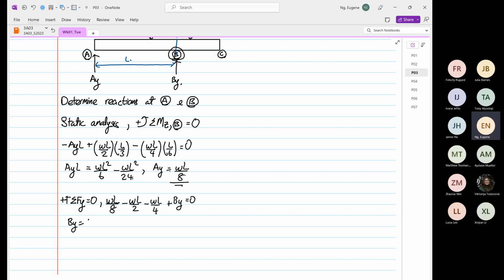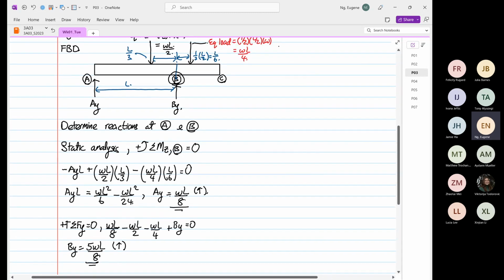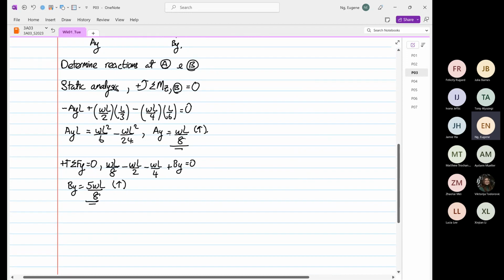So 5 omega L over 8. Okay. So we have all this now. Because it's positive, we know that our direction is correct. So now we have to work on the reaction at point A, at point B. We have to know the moment at point B, and we have to know the shear force at point B.